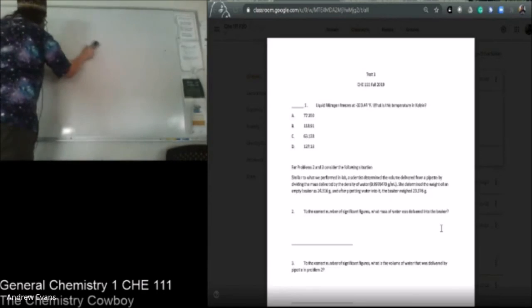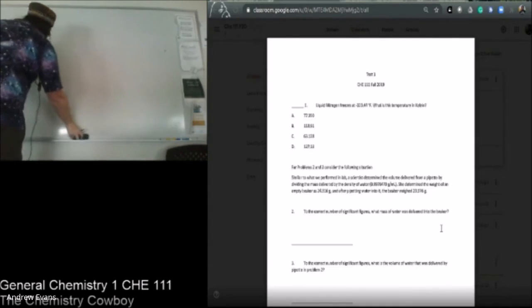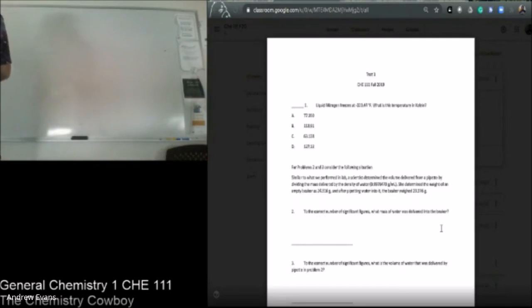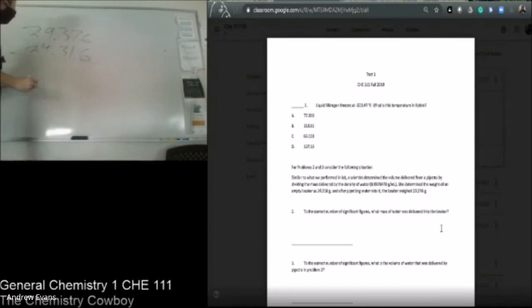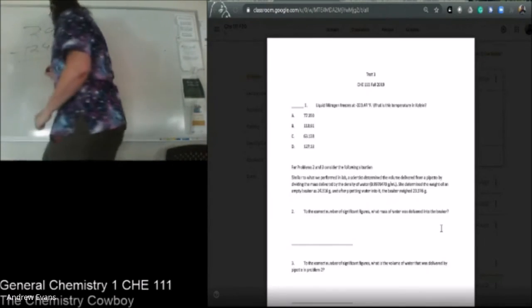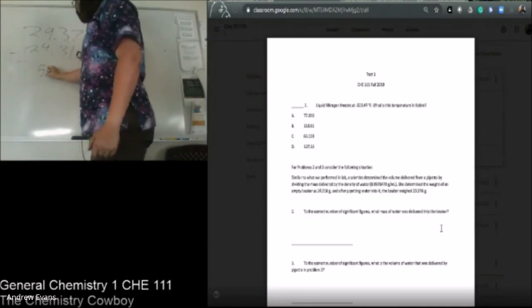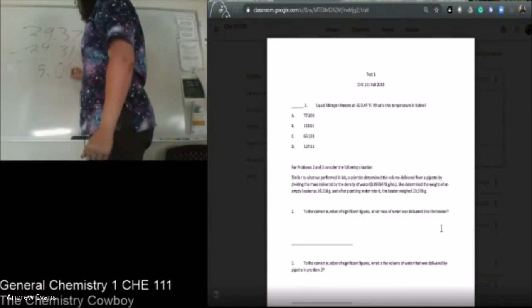When we add and subtract sig figs, we line them up, and then we look at the position. So 29.376 minus 24.316, and we subtract. The mass of water is 5.060.